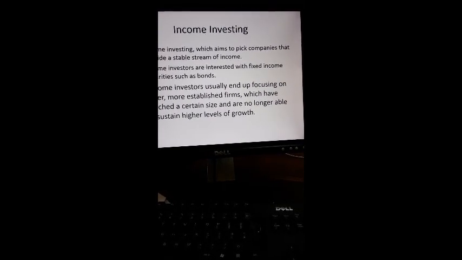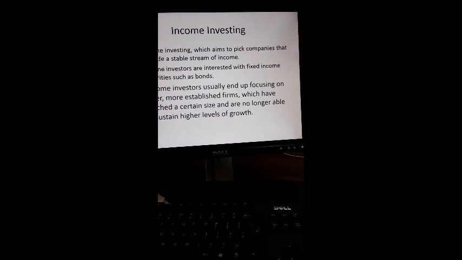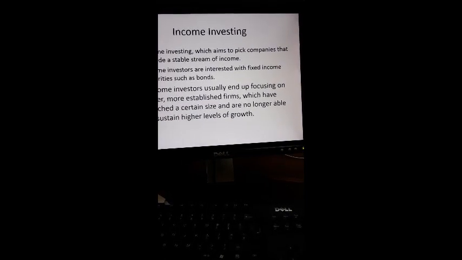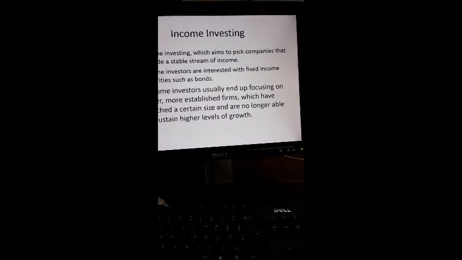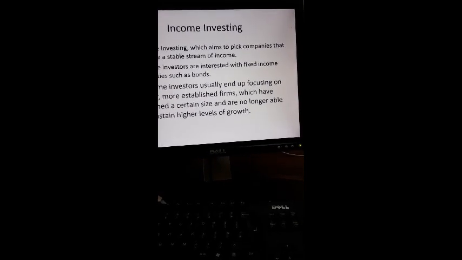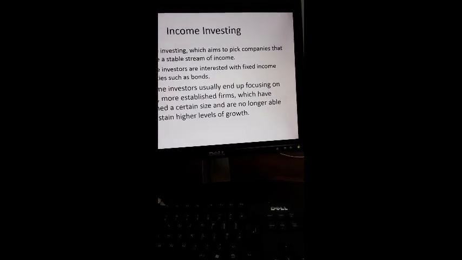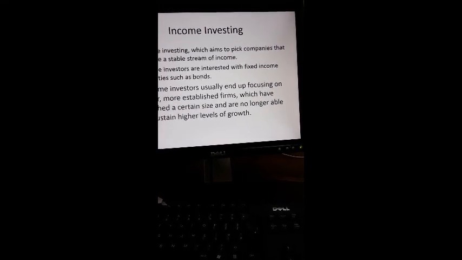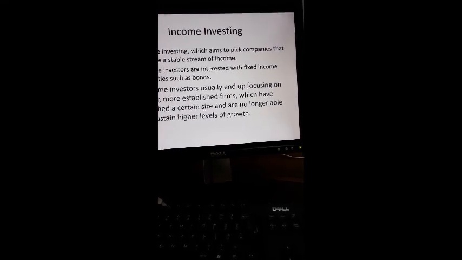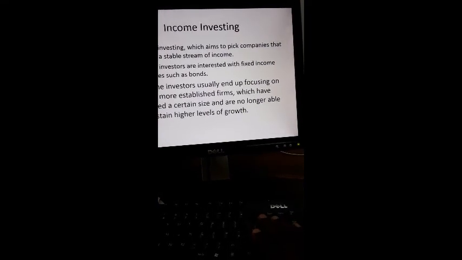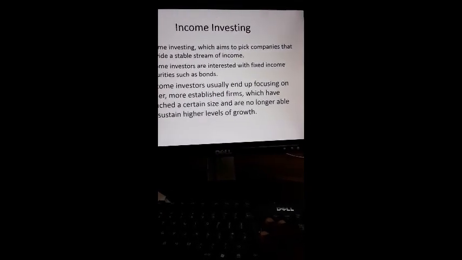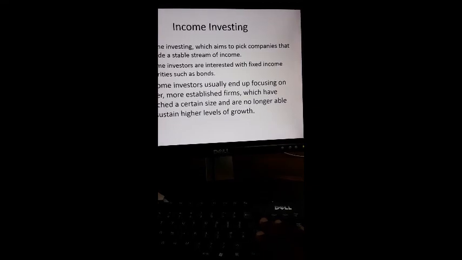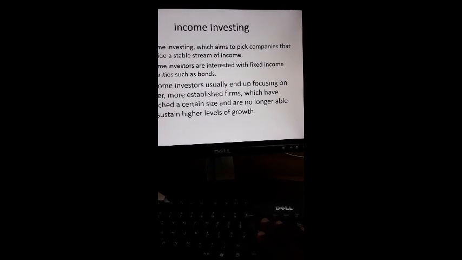So income investors are interested in fixed income securities such as bonds and so forth. Income investors usually end up focusing on older, more established firms which have reached a certain size and are no longer able to sustain a high level of growth. So income investors are looking for stable income or stable earnings throughout the investment period.